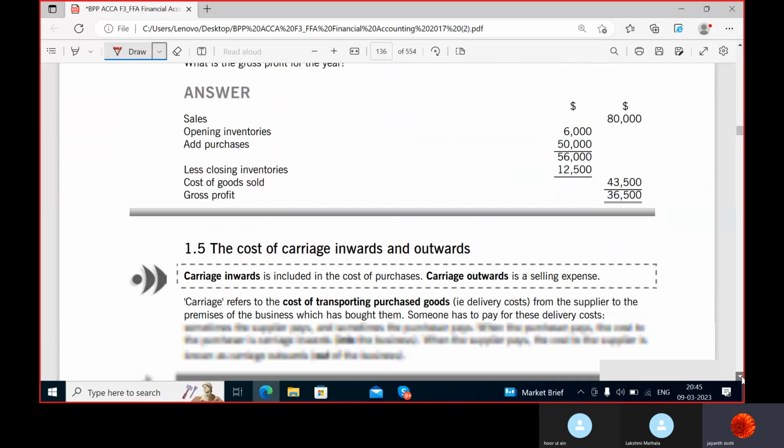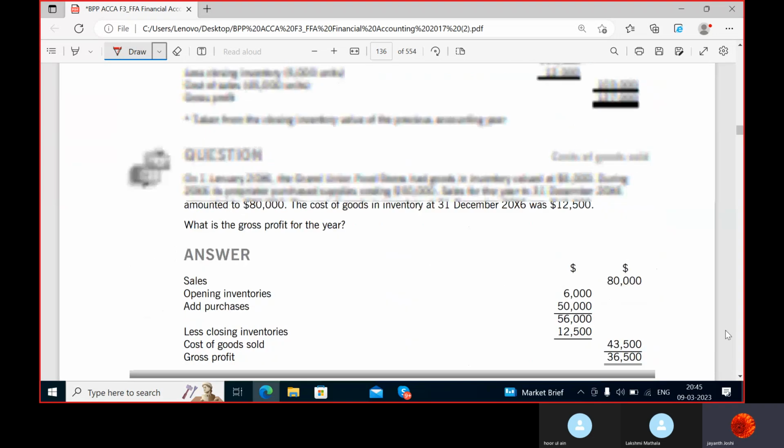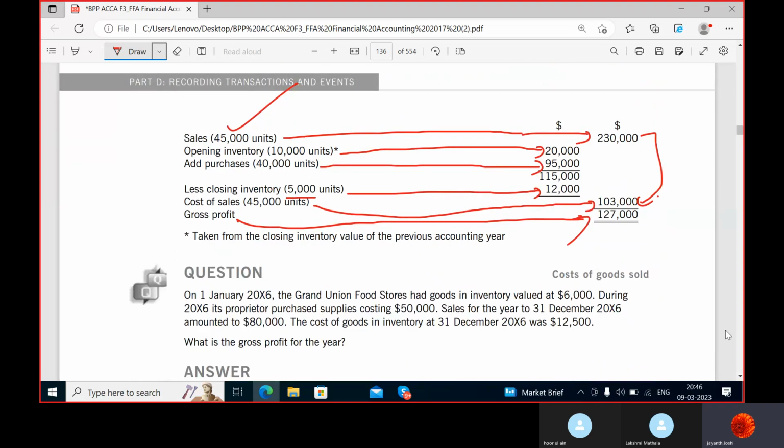So very nice and good scenarios are going on. So let's understand this. You should do this question. Come on, I'm waiting. Then we'll solve this collectively.